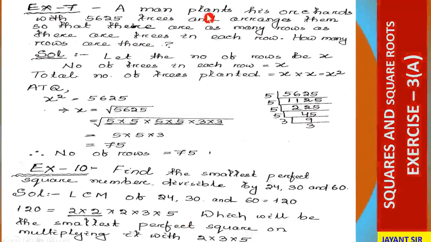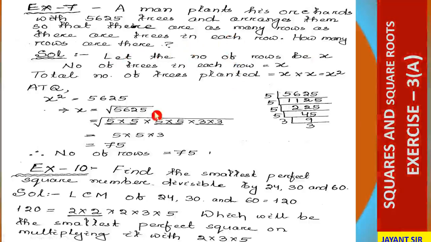Example 7. A man plants his orchard with 5,625 trees and arranges them so that there are as many rows as there are trees in each row. How many rows are there, children? As many rows as trees in each row.